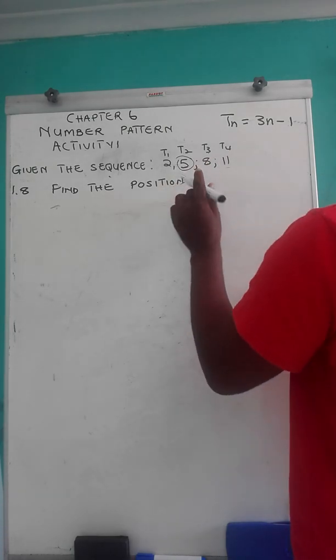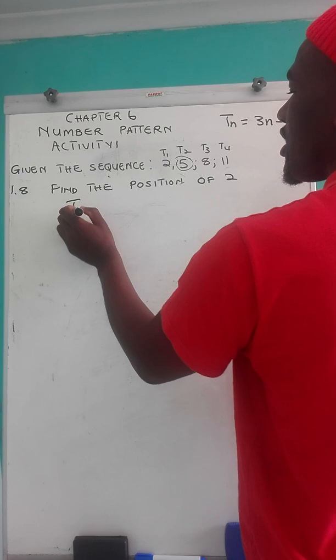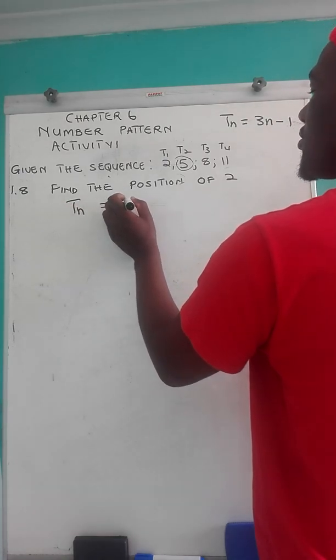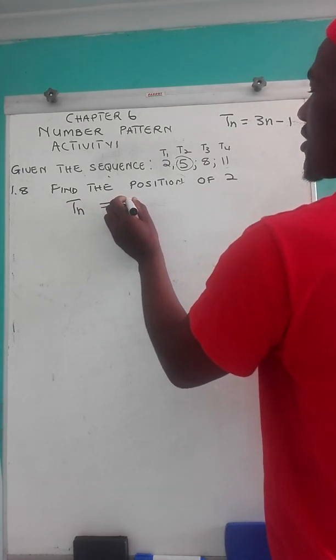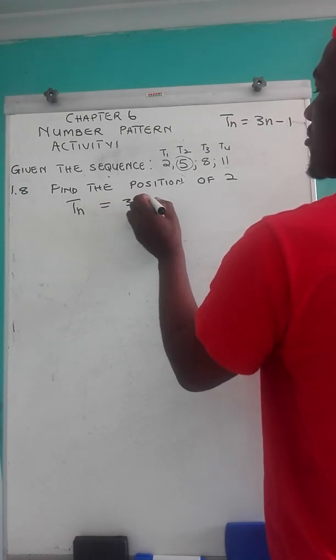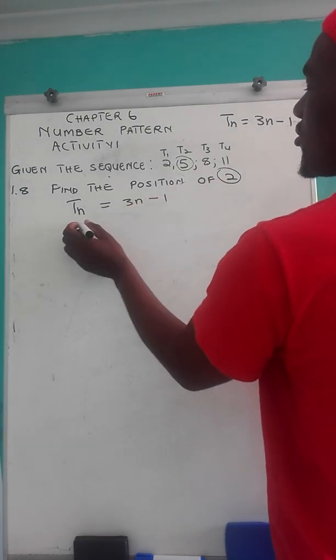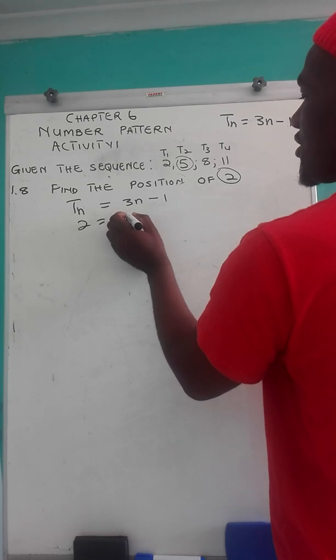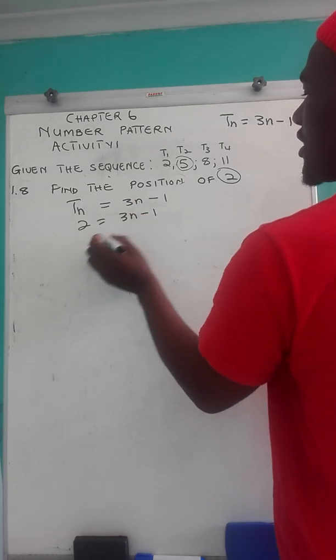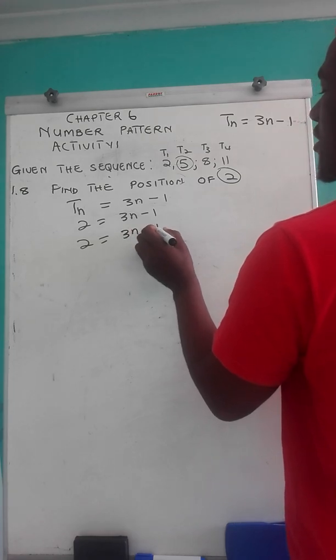Position of 2. General term, it's Tn equal to 3n minus 1. Tn is 2 because I need the position. That means 2 equals 3n minus 1.